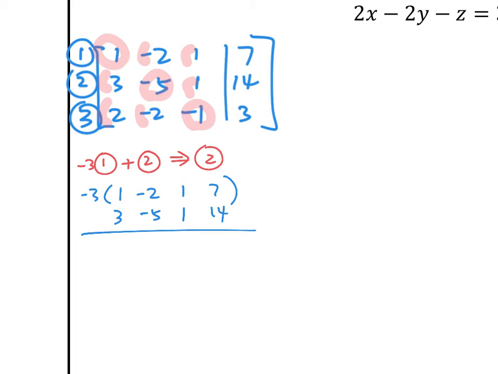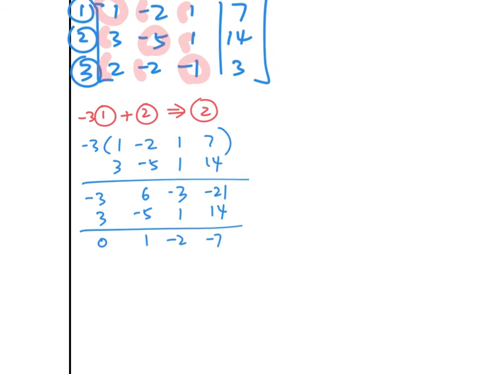All right, so let's do some calculation here. -3, 6, -3, -21. Row 2 is 3, -5, 1, 14. Add them together: 0, 1, -2, -7.